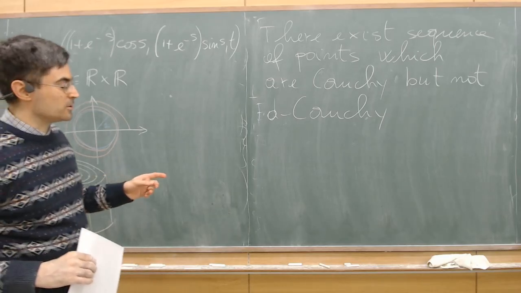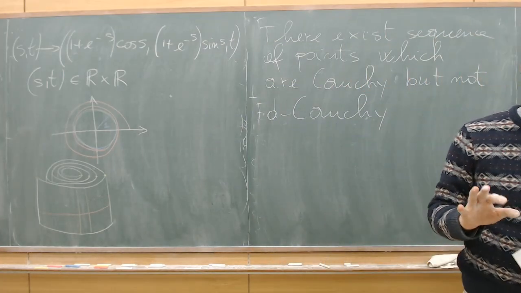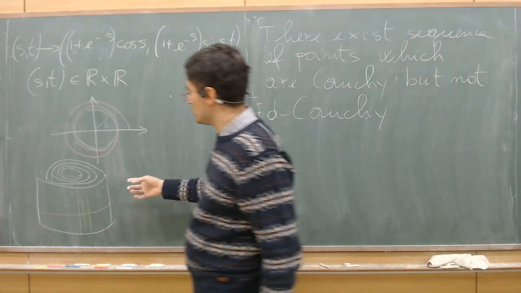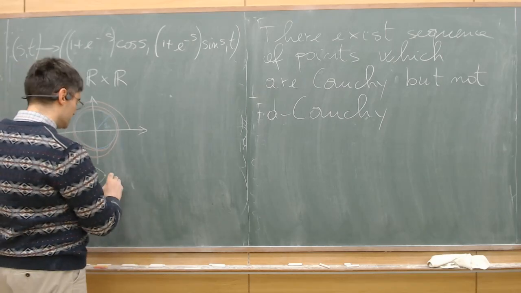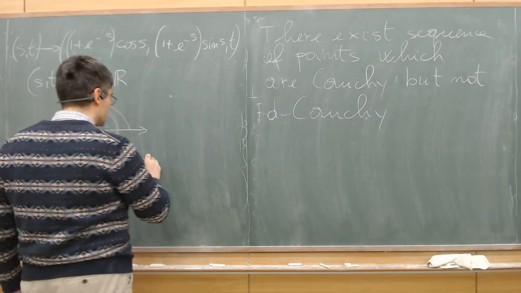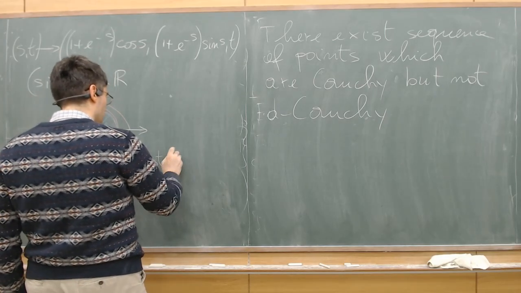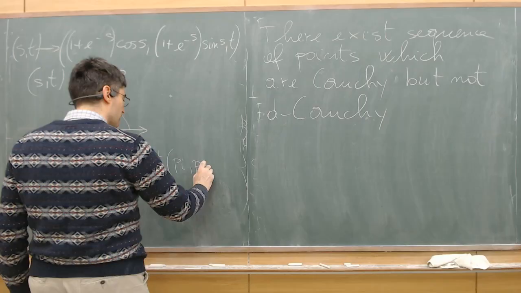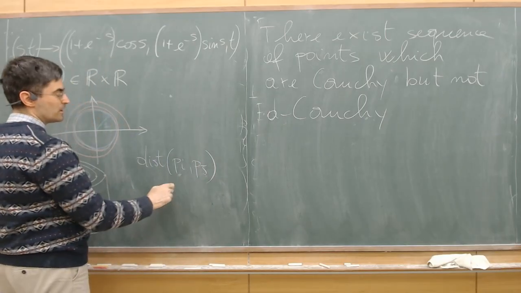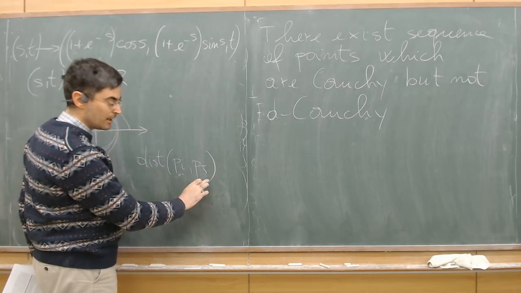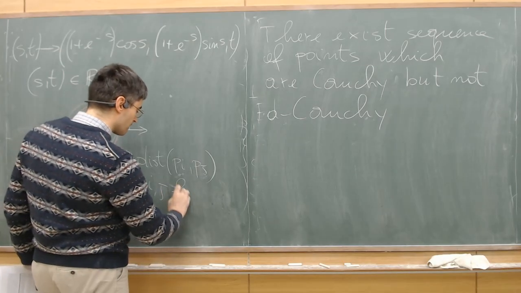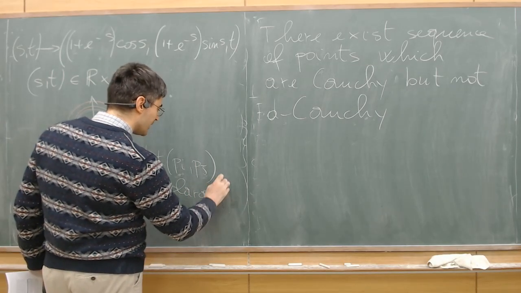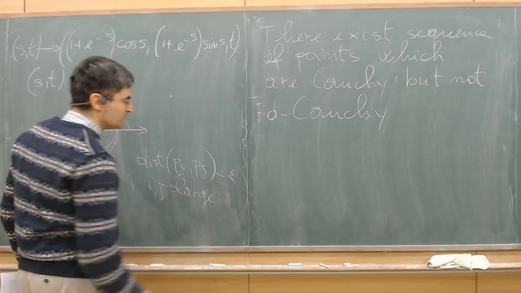It's clear that this sequence is intuitively Cauchy. Essentially, if you look at the distance between p_i and p_j, with i, j large enough, then this can be made arbitrarily small.